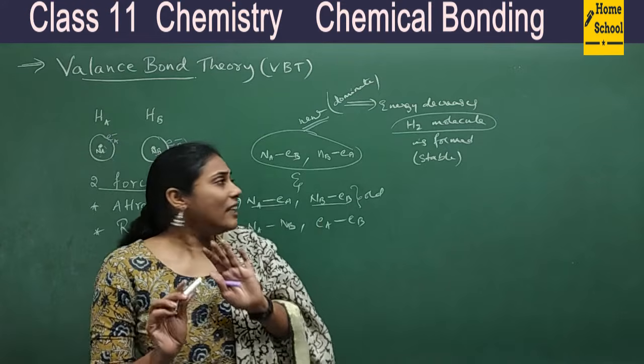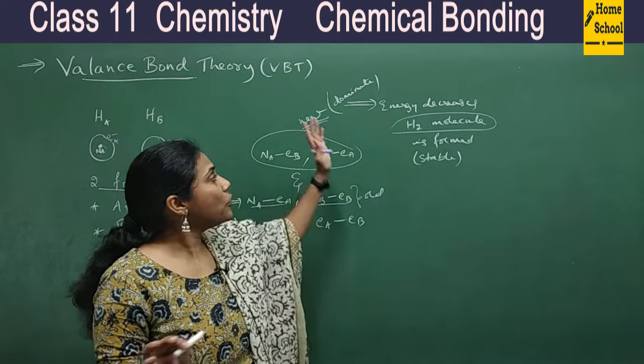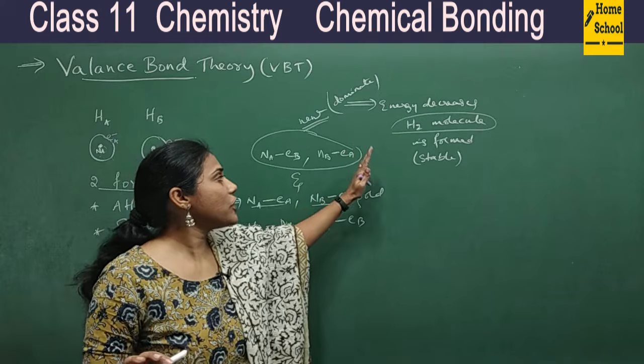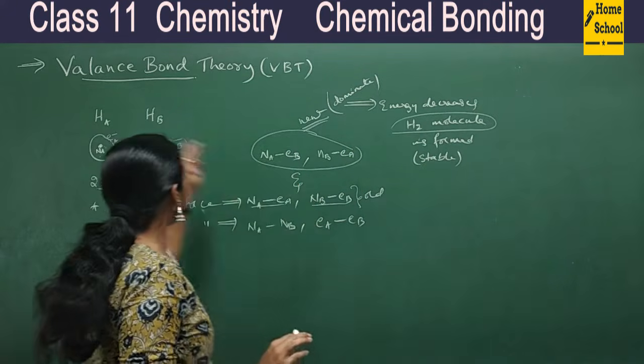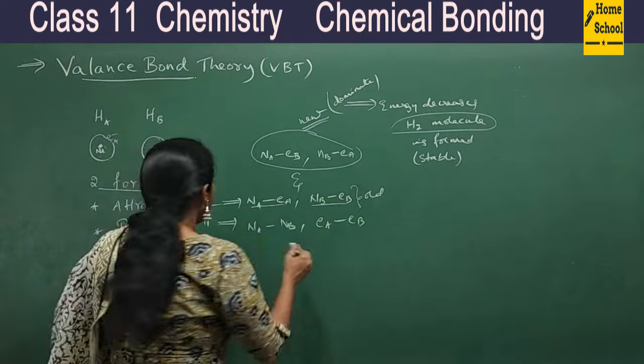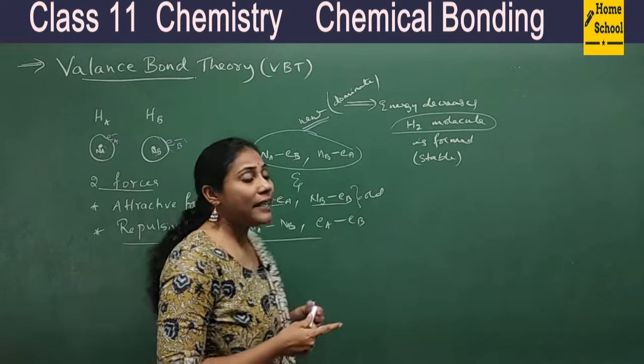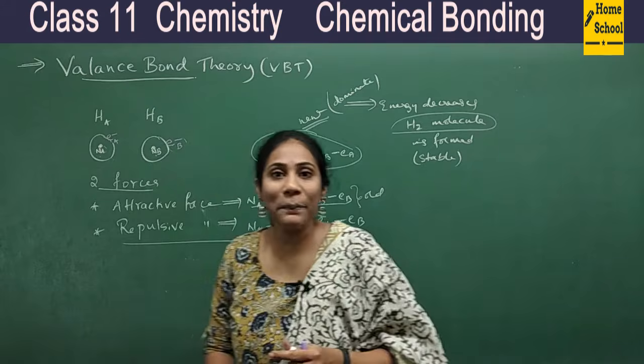Okay, so we are very clear that when they come closer to each other, these attractive forces dominate and a stable H2 molecule is formed. Actually speaking, when they come closer to each other, sharing takes place by partial overlapping of orbitals.